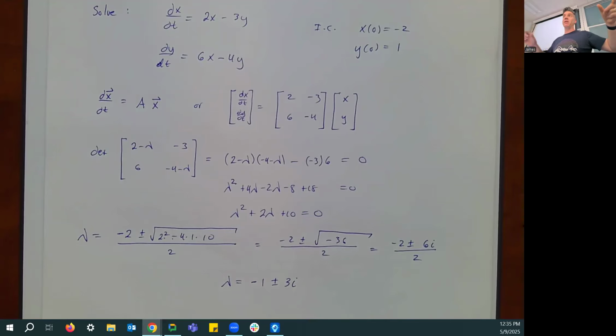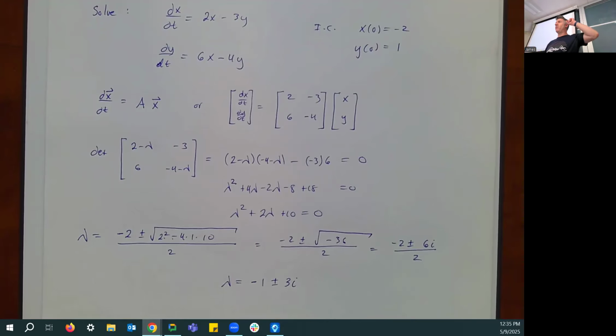So being negative and real, or having a negative real part, leads to stability. If both eigenvalues are positive, you have an unstable node. If they have a positive real part, you have an unstable spiral. It's going to spiral out because things are going to grow as time goes on.